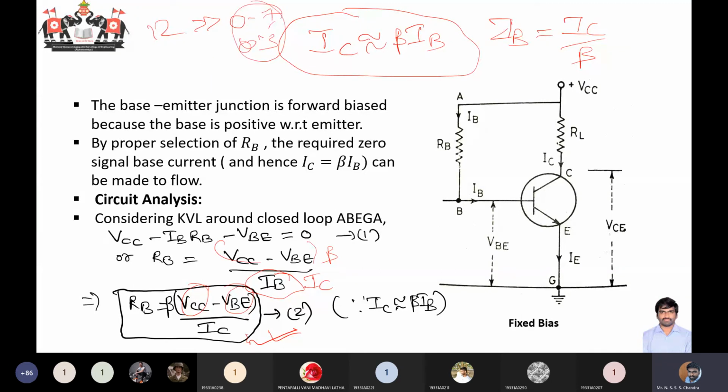So you can neglect VBE for practical purposes, and RB is nearly equal to beta into VCC by IC. This is the value of your base resistor. If you want to connect a transistor in fixed bias, you should choose a base resistor value nearly equal to beta times the supply voltage divided by your operating current IC.